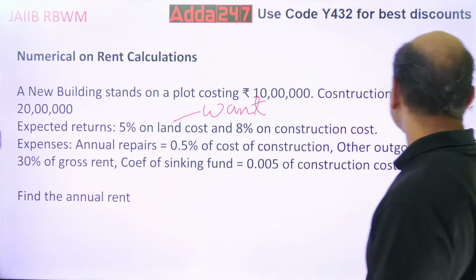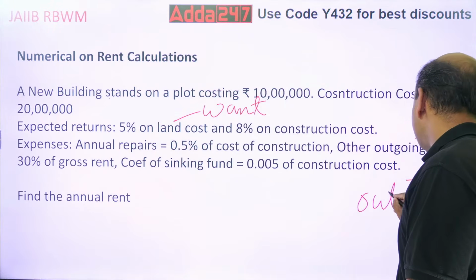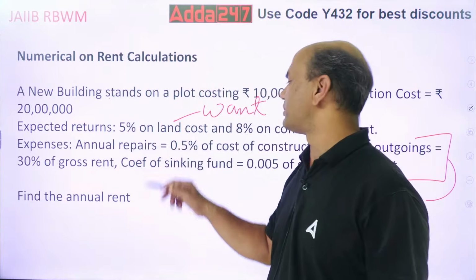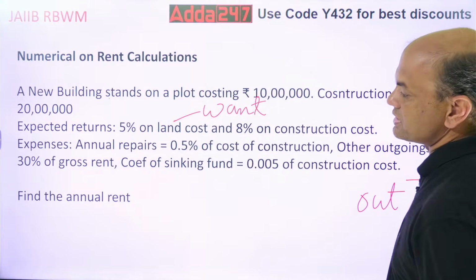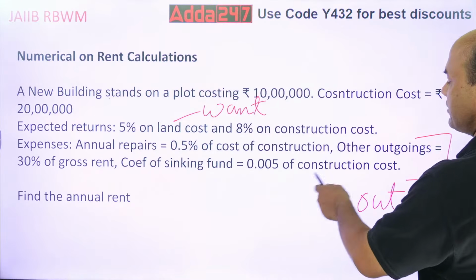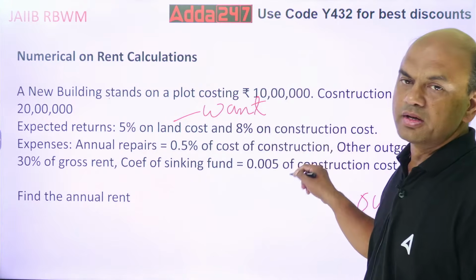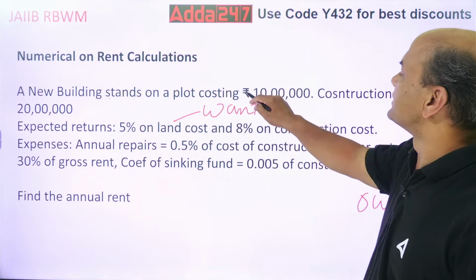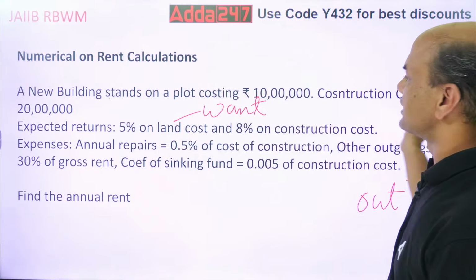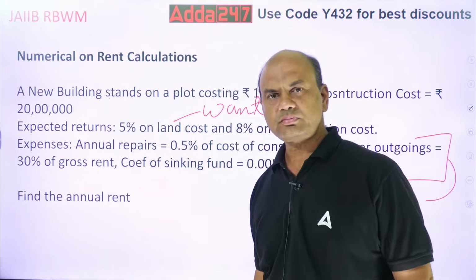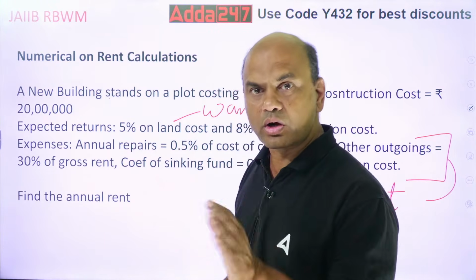And out of this, this is my outgoing, this money is moving out: annual repairs 0.5% of the cost of construction, other outgoings 30% of the gross rent, coefficient of sinking fund 0.005 of construction cost. This is what is going out. This is what I want. And this is my total cost: new building, 10 lakhs plot cost and construction is 20 lakhs. So now let's start with what I want first.